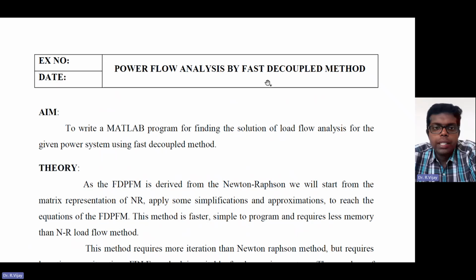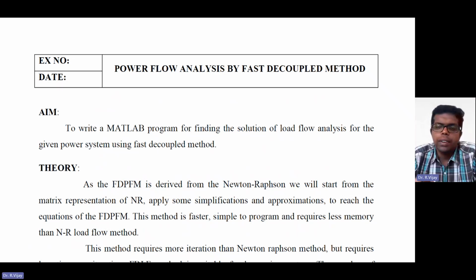Today we are going to see the power flow analysis using the fast decoupled method. Already we have seen the Gauss-Seidel method as well as the Newton-Raphson method.